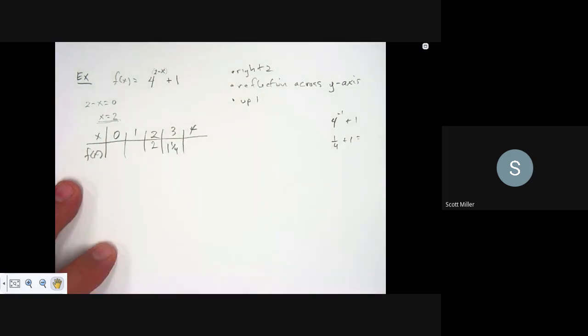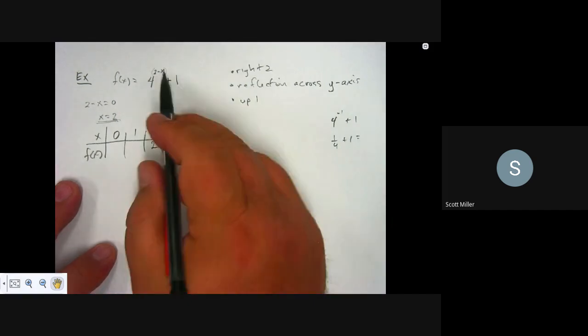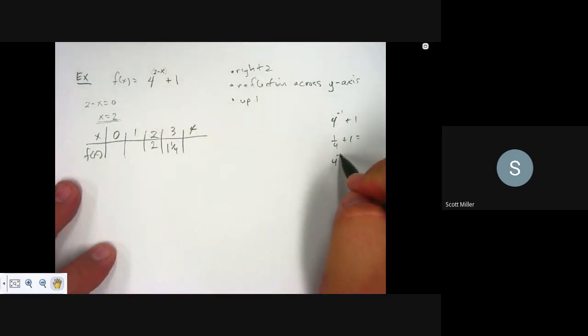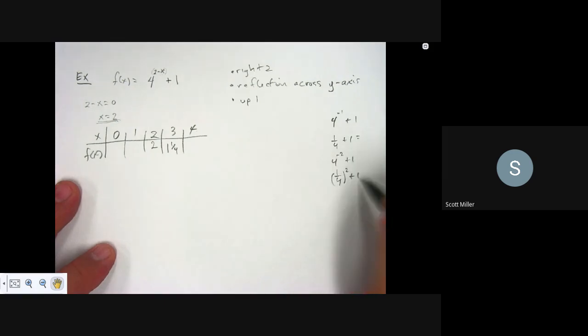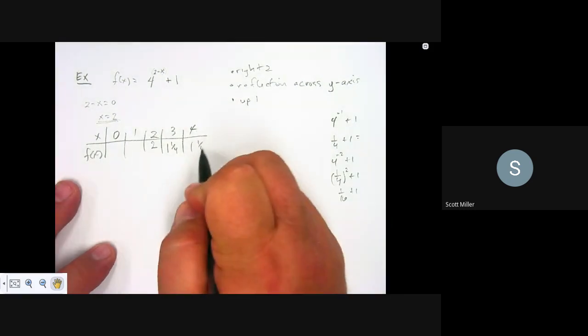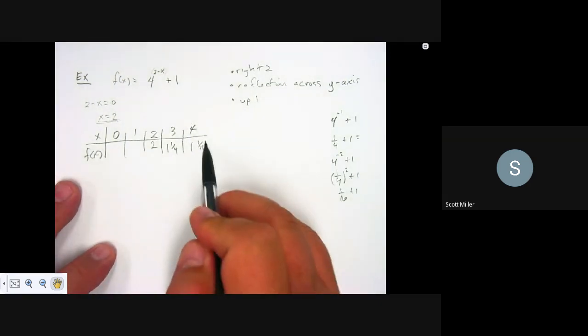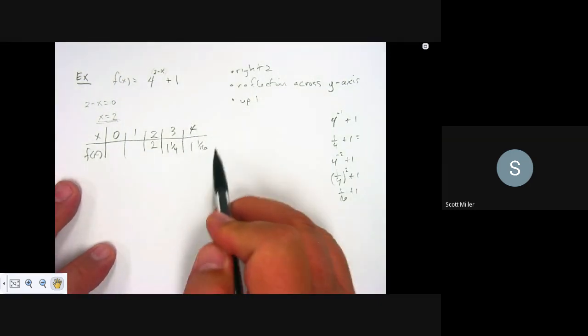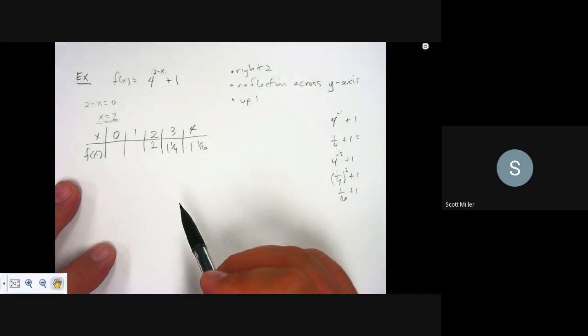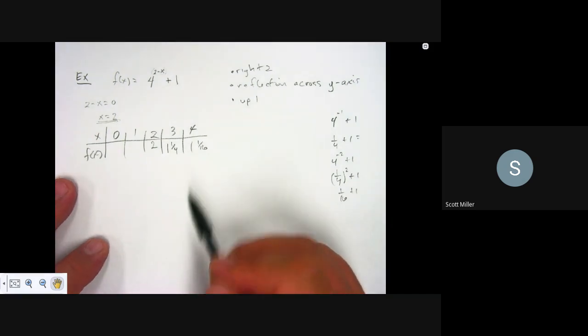This is the one time you can use a mixed number because it's quicker. Okay? If I plug in 4, then I'm going to get 4 to the negative 2 plus 1. This is going to be 1 over 4 squared, and that's 1 over 16. So this is going to be 1 and 1/16. And so you can see the farther out I go, the smaller this is going to get, or the closer it's going to get to the number 1. And we'll talk about that here in a minute.